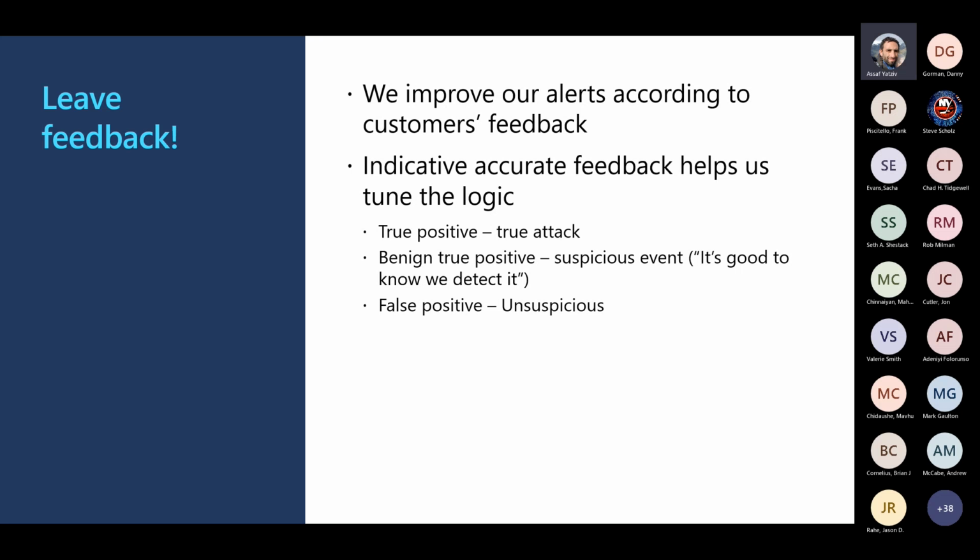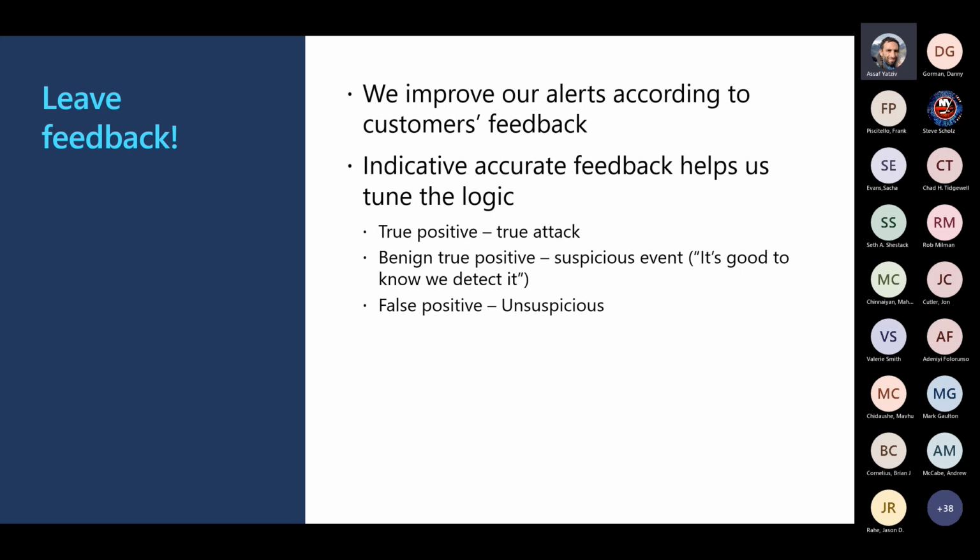And just to clarify the feedback legend: true positive means true attack. Benign true positive means a suspicious event, like a security test or a red team, where it's good that I know about it.